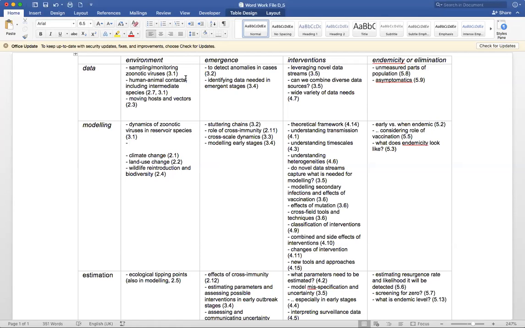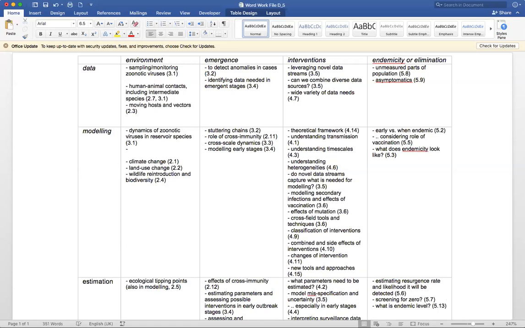Well, maybe I should put it in next to the human animal ones, because I think those perhaps need thinking about together. So, ecology, livestock, interactions.